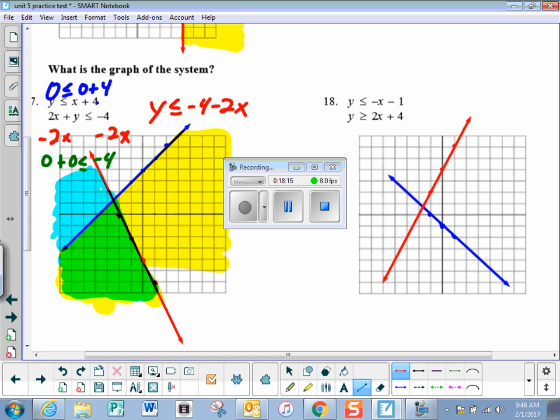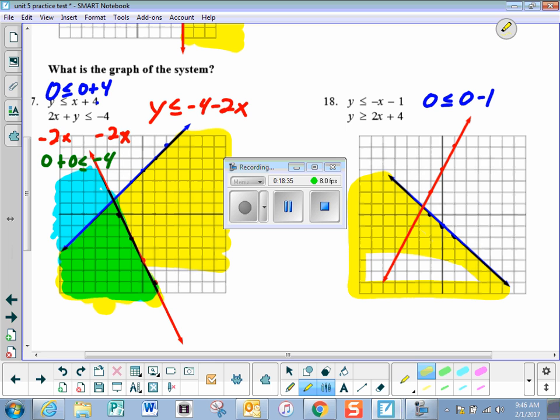Okay, now let's go back and shade on the blue. Let's see if 0, 0 works. Is 0 less than or equal to 0 minus 1? No, so I need to shade away from 0, 0 on the blue. How about on the red?